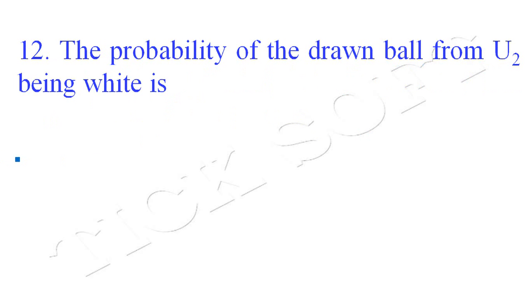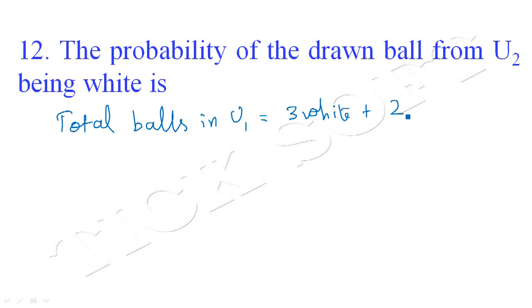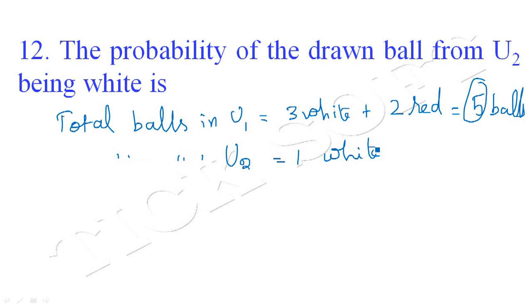So here listen, the total number of balls in U1 is equal to what? Here in U1 we have 3 white balls and 2 red balls, isn't it? So this means we have 5 balls in total in U1. And in U2 we have only 1 white ball, isn't it?